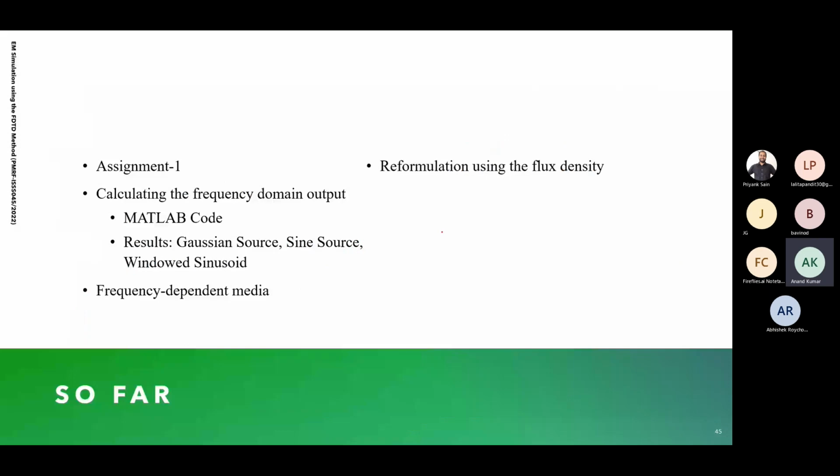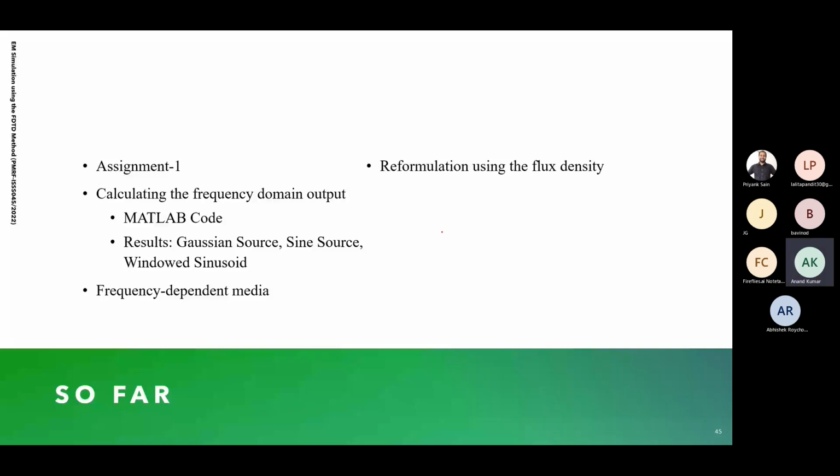Up till last class, we were formulating the update equations using electric field and magnetic field. Over here, instead of using the electric field, we use the electric flux density and the magnetic field. Using them, we formulated the update equations and we calculated the electric field from the electric flux density.